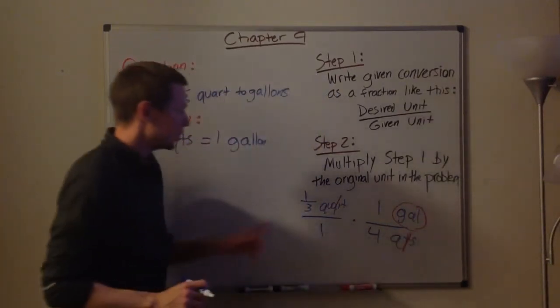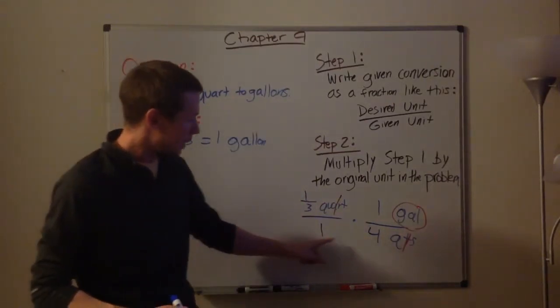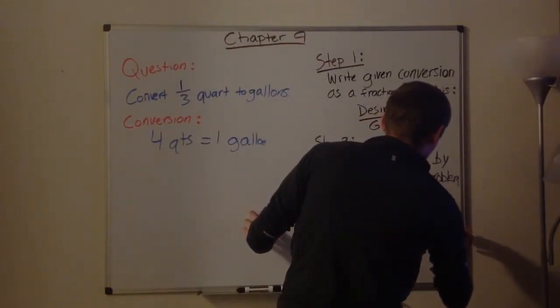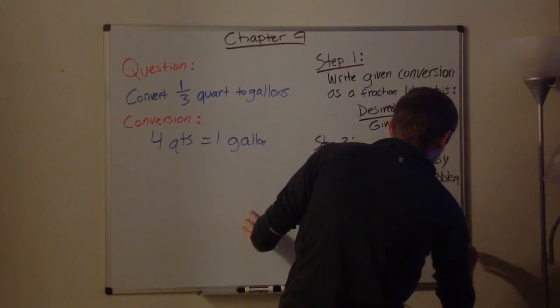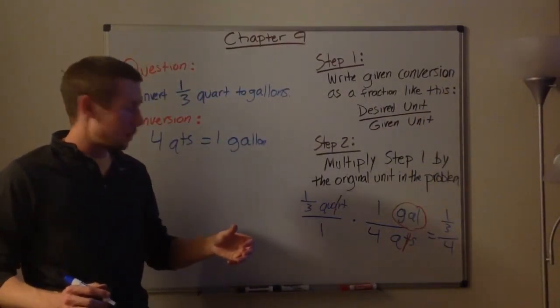You're left with gallons. 1/3 times 1 is 1/3. 1 times 4 is 4. So you get 1/3 in the numerator and 4 in the denominator.